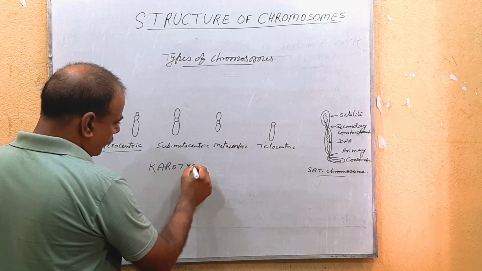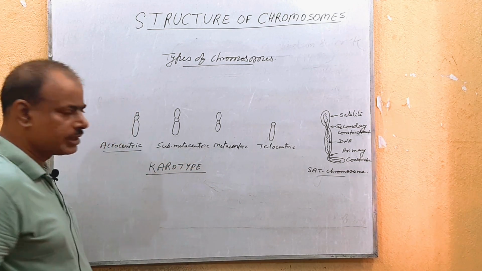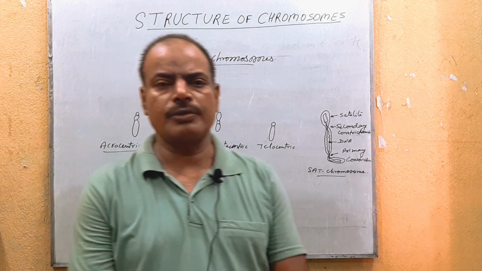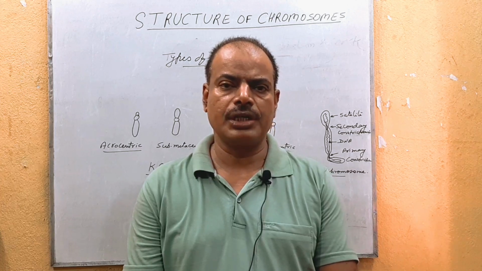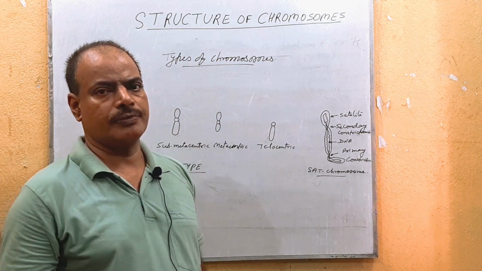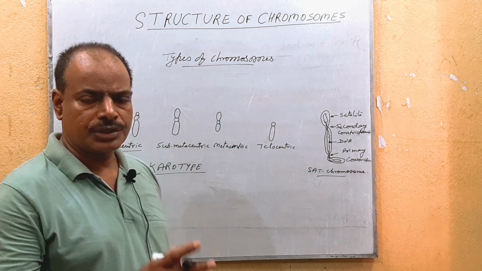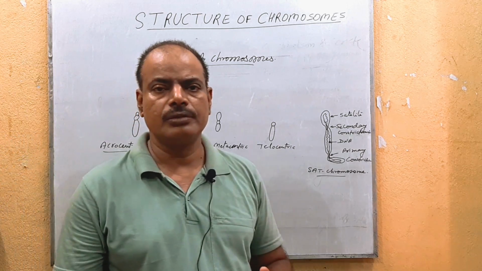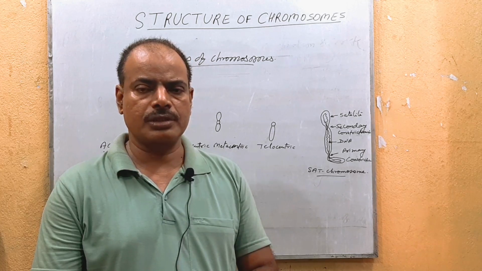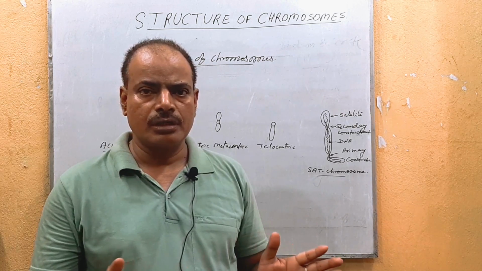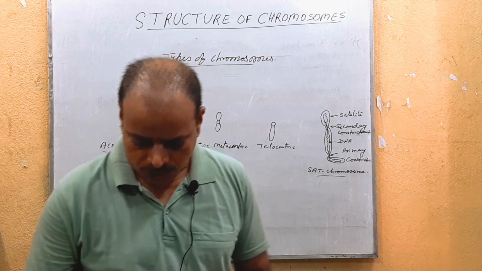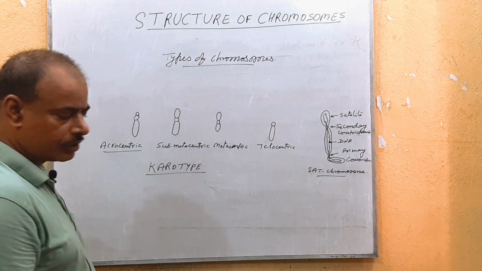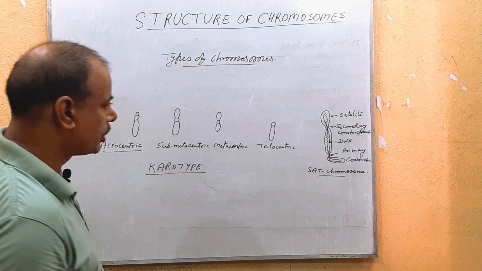Karyotype. Karyotype is the artificial arrangement of various types of chromosomes found in a human cell on the basis of their shape and size. So homologous pairs of chromosomes means the set of chromosomes which are similar in shape and size, and therefore they are known as homologous chromosomes.